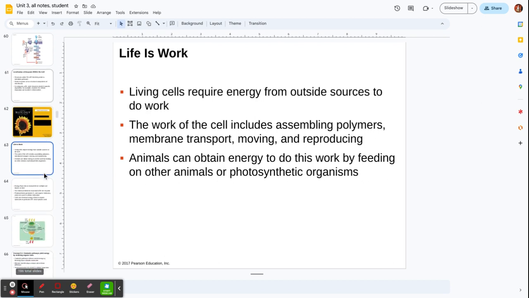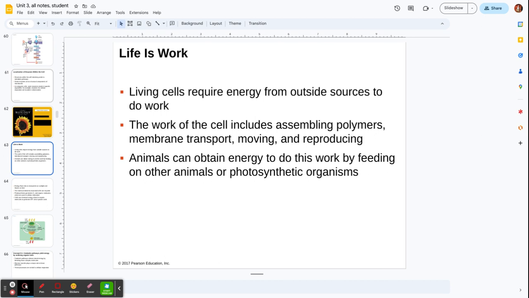But this is going to be on cell respiration. So now we're going to talk about, now that we know a little bit about energy and how enzymes speed up reactions and can be turned on and turned off, how that energy is put to use. In order for living things to live, they have to get energy from the outside world.